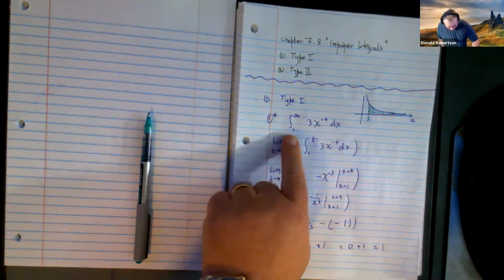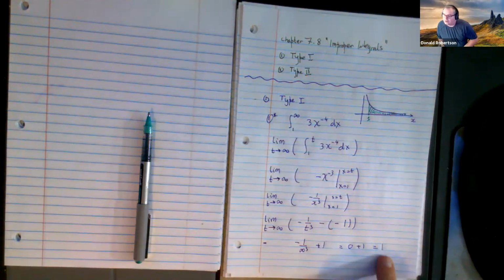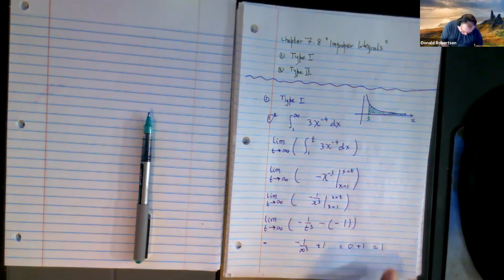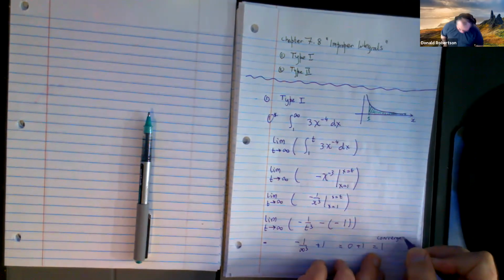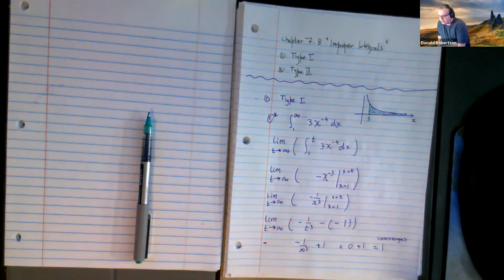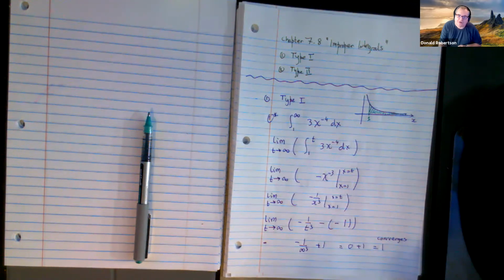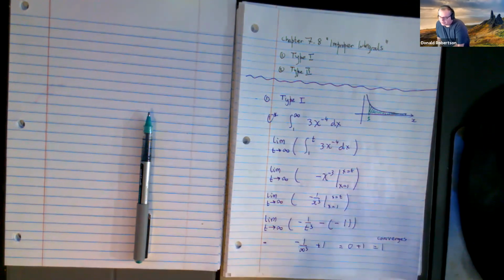So the area under this curve from 1 to infinity is the number 1. And to keep the jargon correct, we say that it converges to 1 rather than saying it is 1, because it's a limit issue, right? So things converge to a number rather than equal that number. Are we good with that?